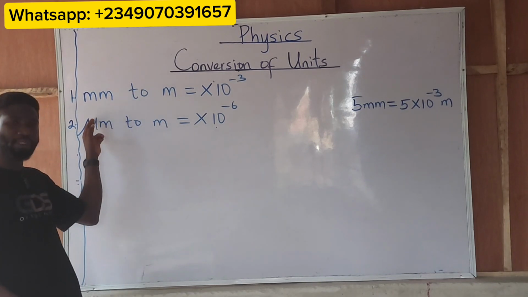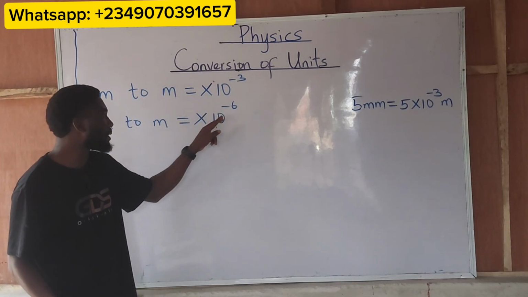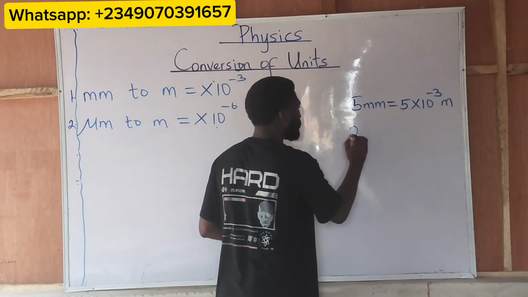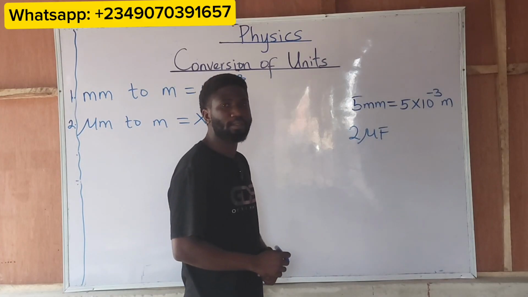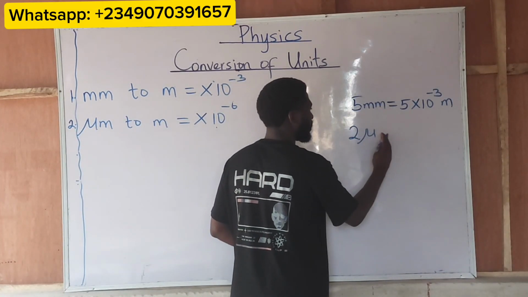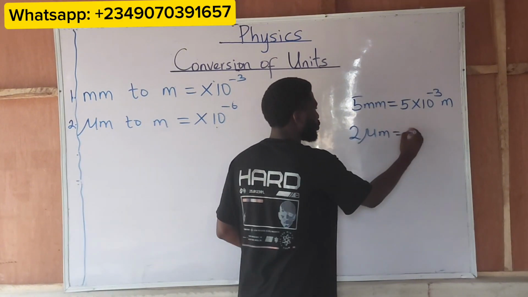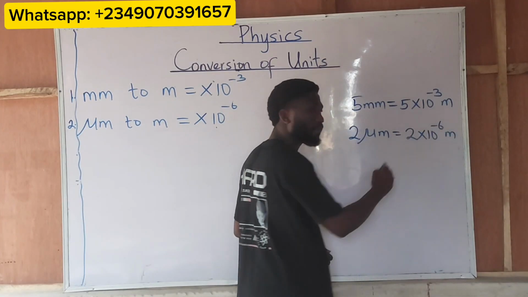Meter back to micrometer, what do you do then? Just remove the negative sign. Then I'm going to have times 10 raised to power 6. So let's say we have 2 micrometer and I want to change it to meter. This will be 2 multiplied by 10 raised to power minus 6 meter.